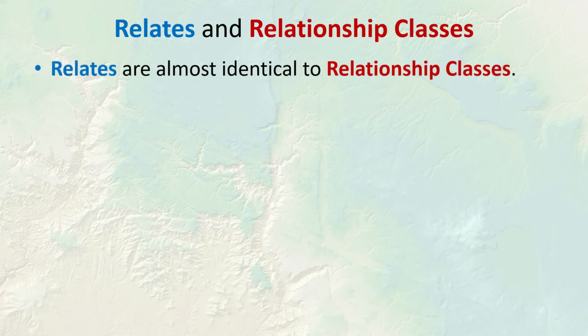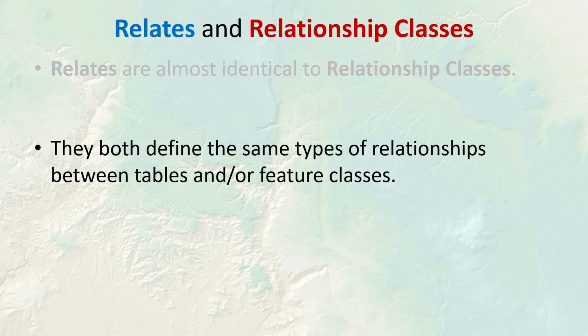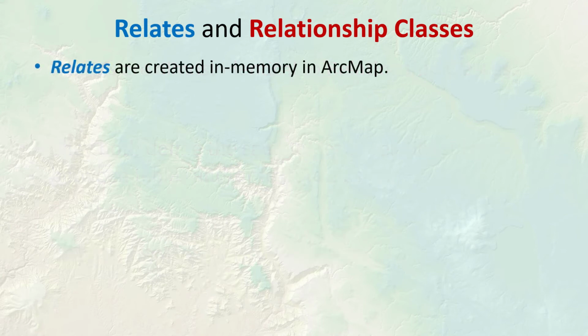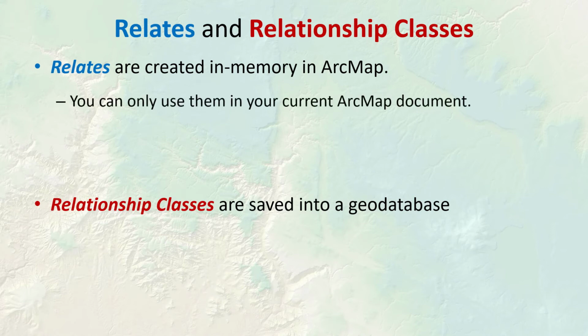Now, what's the difference? Relates and relationship classes are almost identical to each other. They both define the same types of relationships between tables and feature classes, and you use them exactly the same way. The difference between them is that relates are created in memory in ArcMap, while relationship classes are saved into a geodatabase. You create a relate while you're within your current ArcMap session, and you can only use it while you're working within that particular ArcMap document.